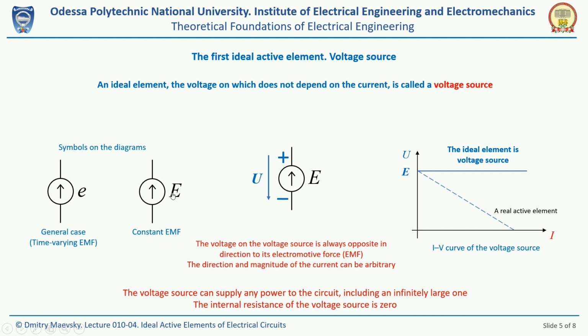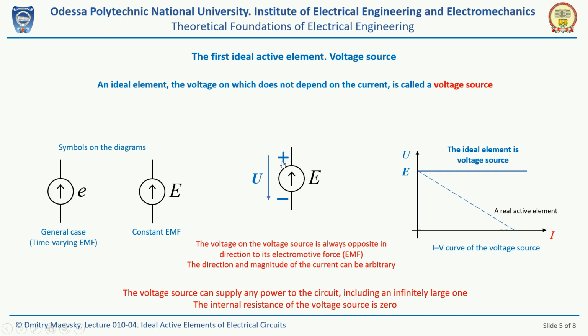The arrow inside the designation of the voltage source points to the clamp that has higher potential, that is, to the positive pole of the source.